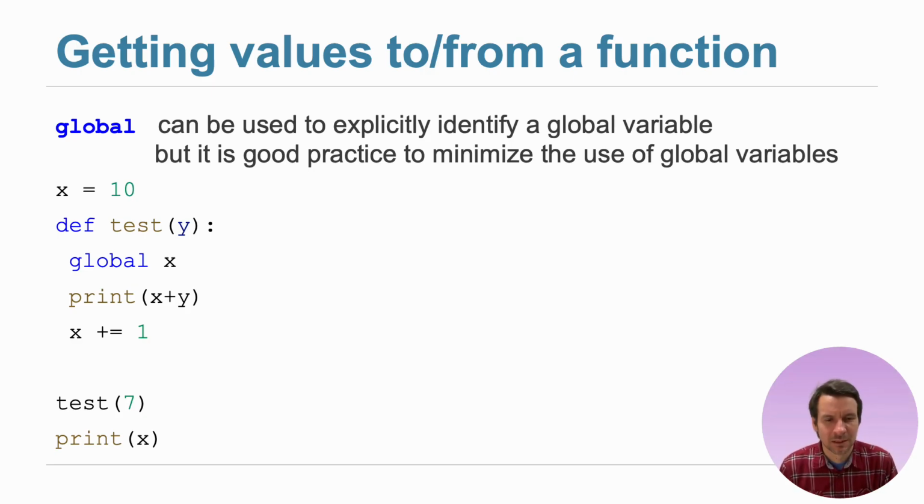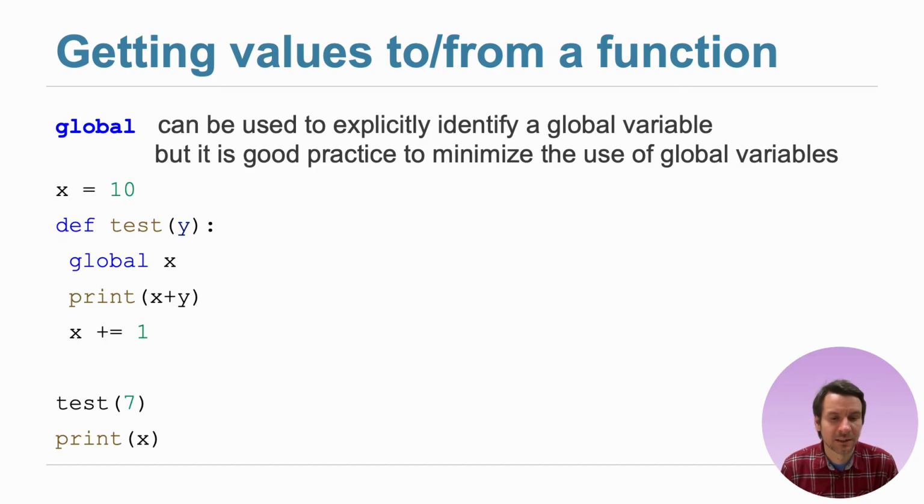Here is another way to do it. If you are sure that you need to do it, then use the keyword global. In the example, there is an x that is defined as some number, and in the function test, we say global x, which means that we want to use a variable x that was defined outside of the function test.